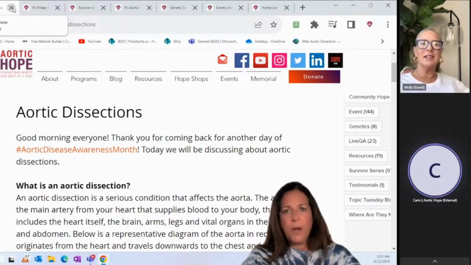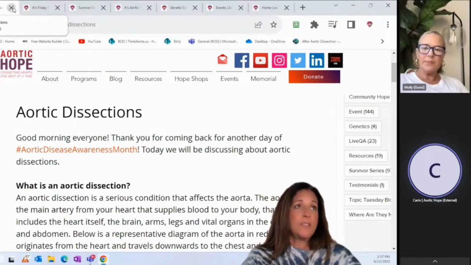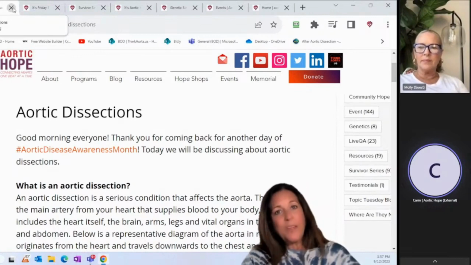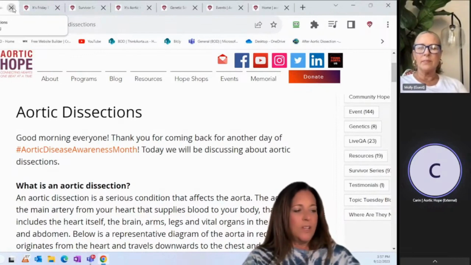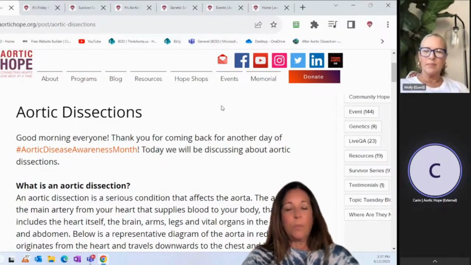Absolutely, and insurance would cover it. Yes, and you could also have genetic testing through clinical for sure. They definitely would test the person who had the dissection. Research studies will not test you unless they found something in the person who had the dissection. So they operate a little bit differently, the research versus clinical. But yeah, you'd be fast tracked for that as well.